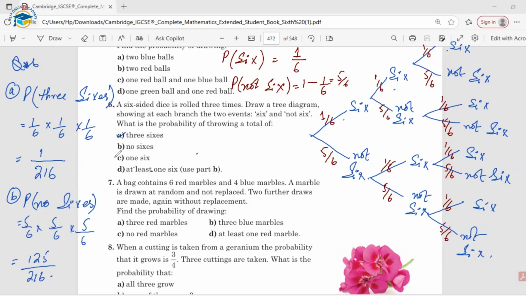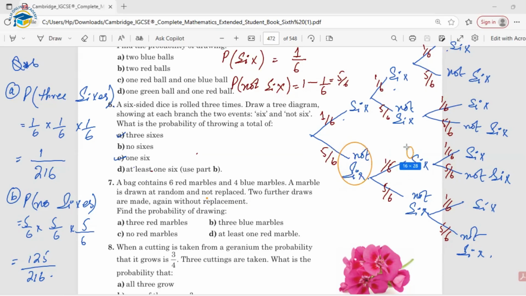Okay, C is getting only one 6. Only one 6 in probability means that 2 not sixes and one 6. So if I just check them accordingly: 6, not 6, not 6, only one 6.